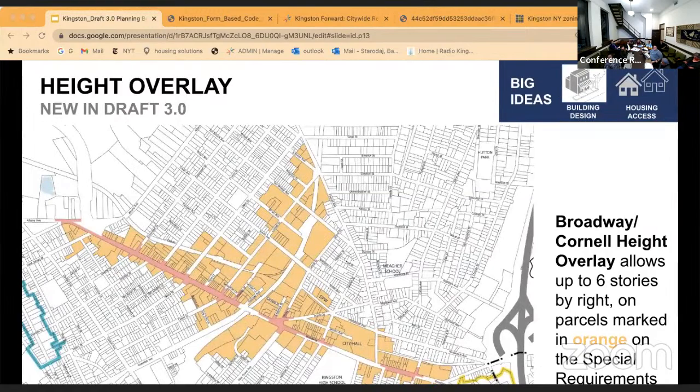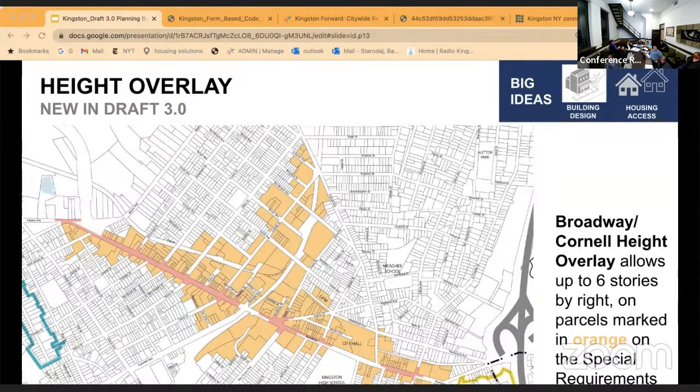I want to call out one addition that we made to the final draft in response to a few comments that we were being overly restrictive in terms of the height. And so we are allowing for greater heights in certain areas of the city. And this is along the Broadway and Cornell Streets corridor.